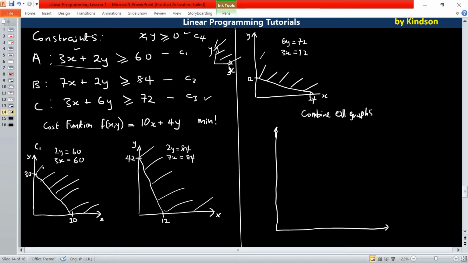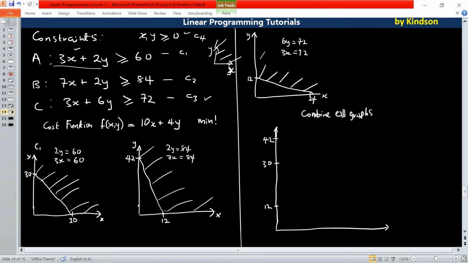For the y-axis we have 42, we have 30, and we have 12. So let's start with 42, we have 30, and we have 12, right? Good. I think we are getting it.